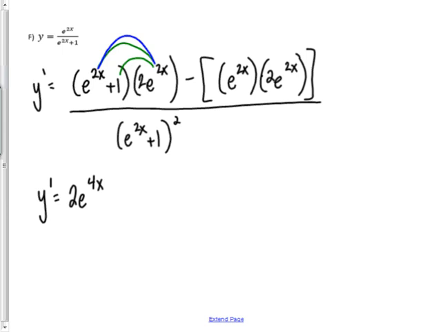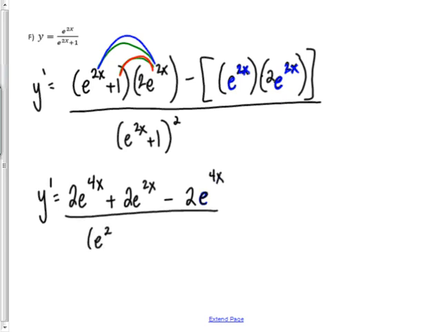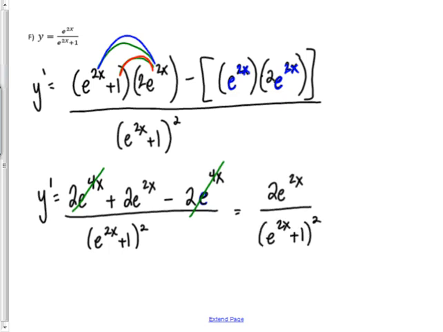And then 2e to the 2x times 1 is just 2e to the 2x, minus, when I multiply here, I've got a 2, and again, same base, e to the 2x and e to the 2x, you keep the base and add those exponents, so I get e to the 4x, over the low squared. And then on the top these two will cancel out, and so my derivative is just 2e to the 2x over e to the 2x plus 1 squared.